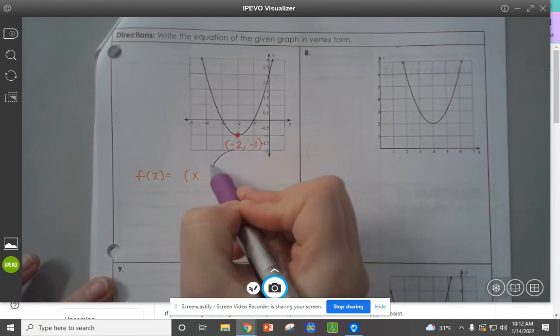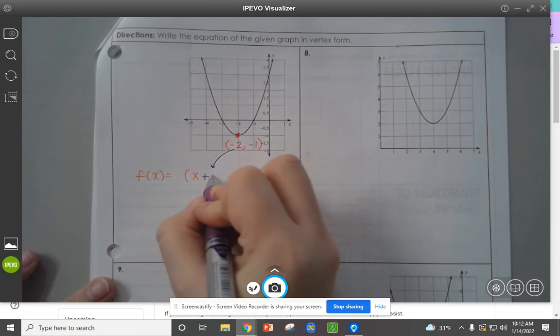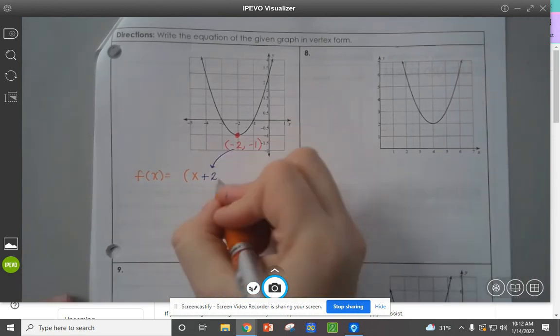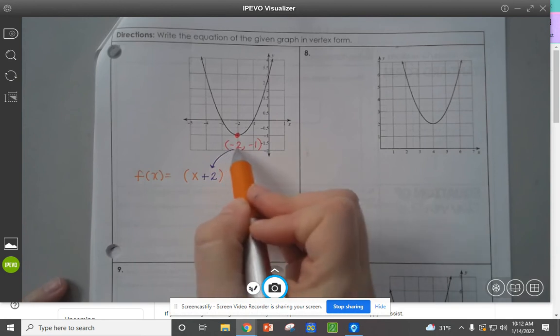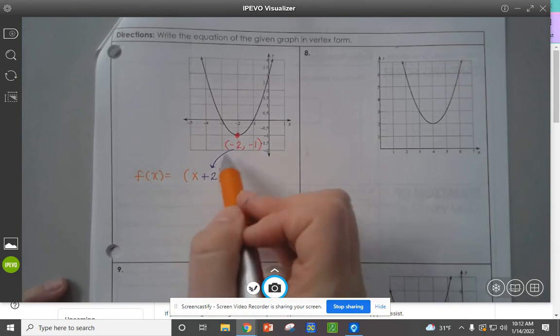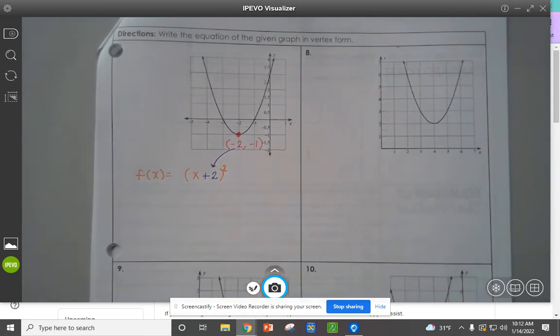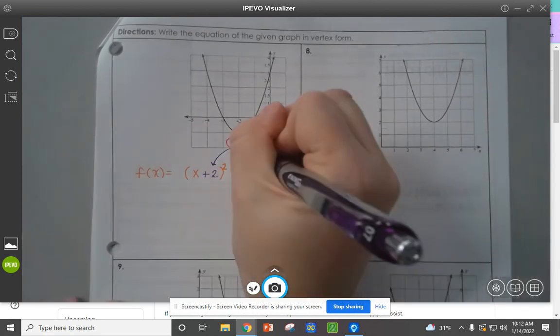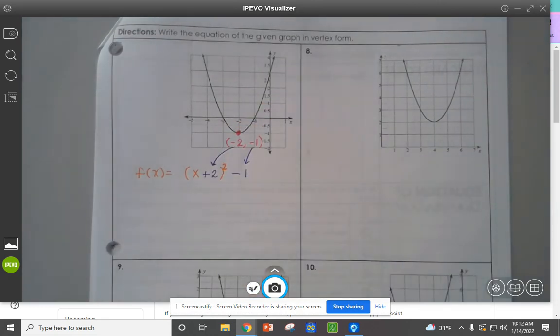What do I need to do with this -2? Make it a +2. Because remember, it's always the opposite. So in your equation and the x value of your vertex, the signs switch. And don't forget your squared. And then we bring down the -1. The y value does not change.